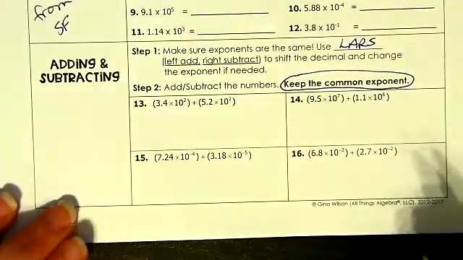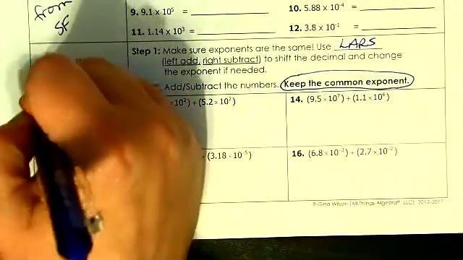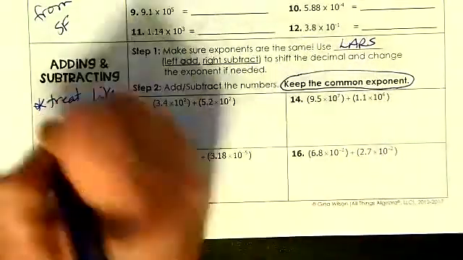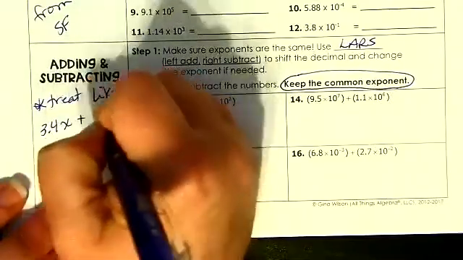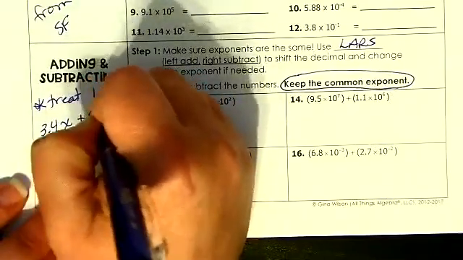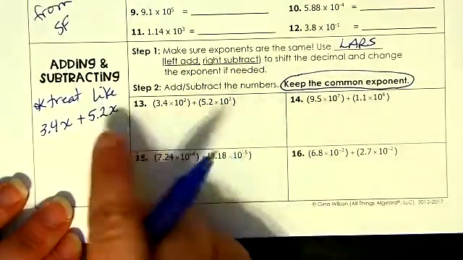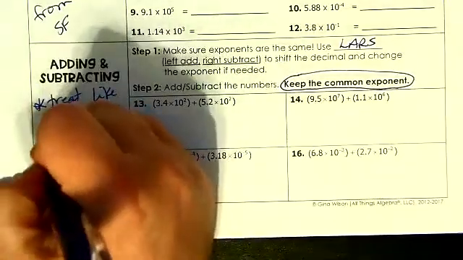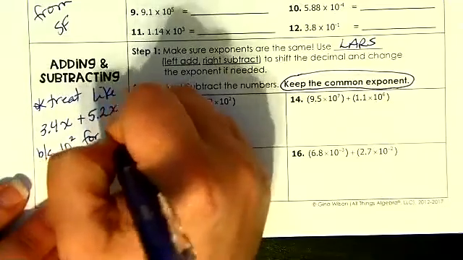Treat it like 3.4x plus 5.2x. You treat it like the 10 squared and the 10 squared are x. These are like terms. I add them together, because it is 10 squared for both.